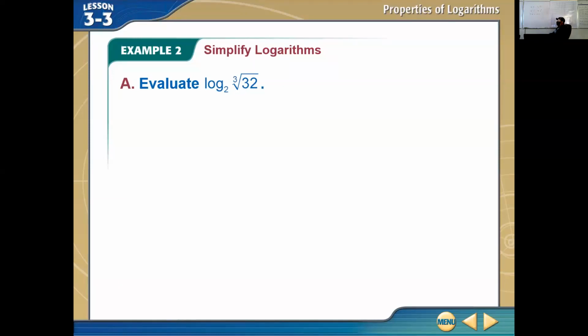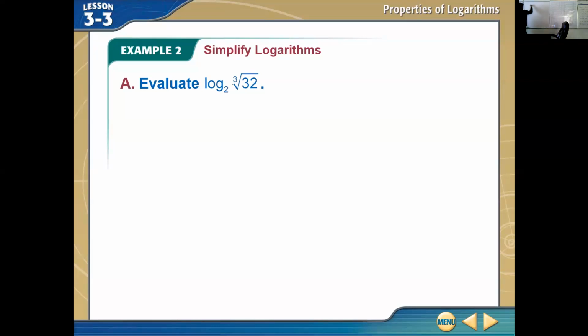Okay, so we're evaluating. We have the log base 2 of the cube root of 32. Here we're going to use our properties to get it into a more manageable format. So we know that 2 to the 5th is 32.